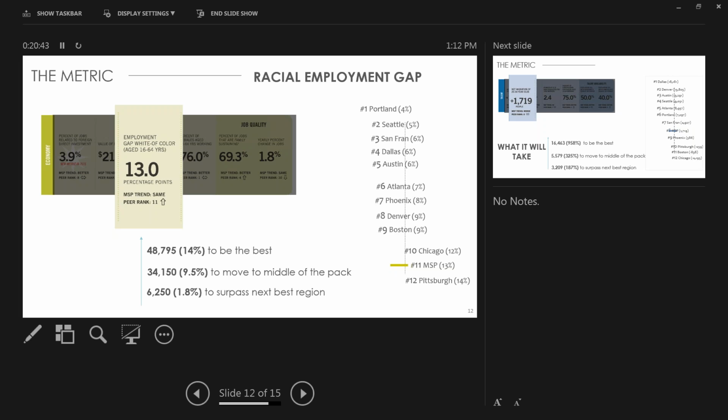That's 48,000 people. We hire that 14% of that population to close the gap. I know I'm explaining it poorly. I think you might have a better answer.